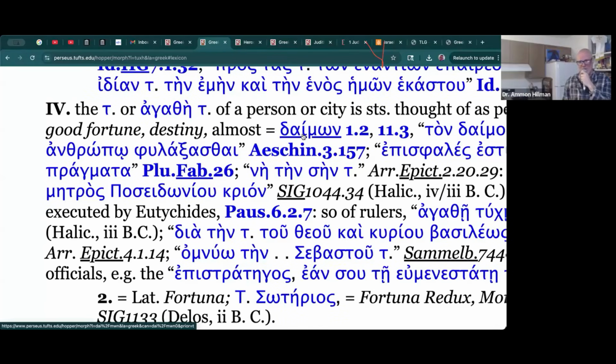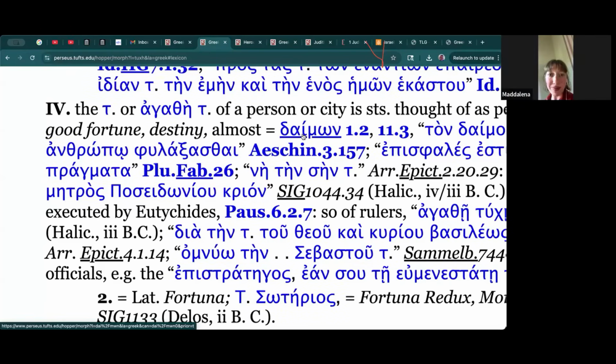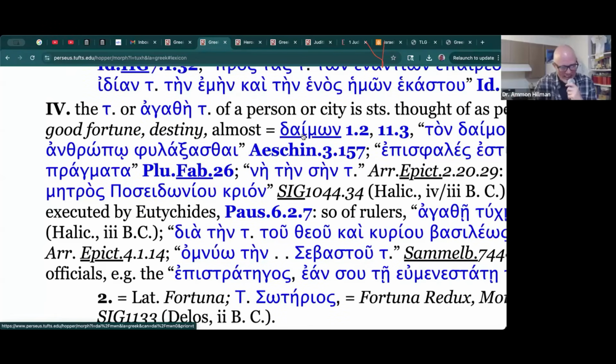Is that a different entity? No, he and his daimon are one. But as Socrates says, his daimon will tell him when he's doing wrong. So that is his fortune. The manifestation of that daimon is his being.